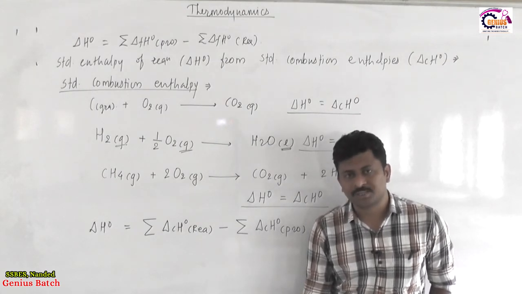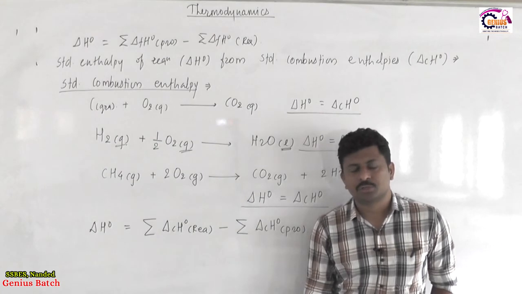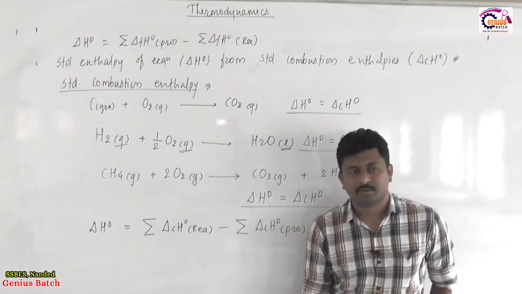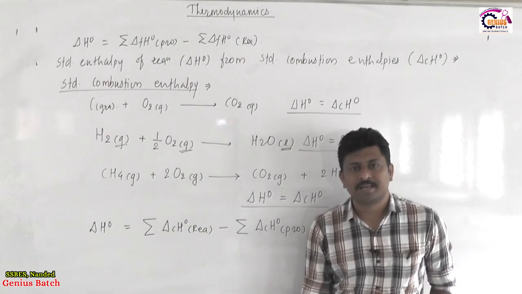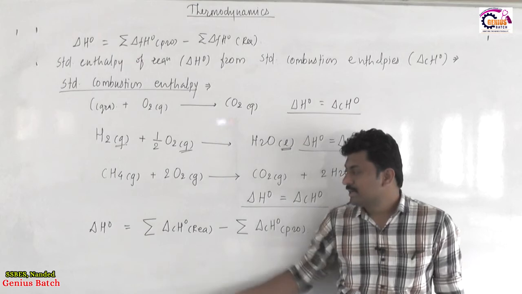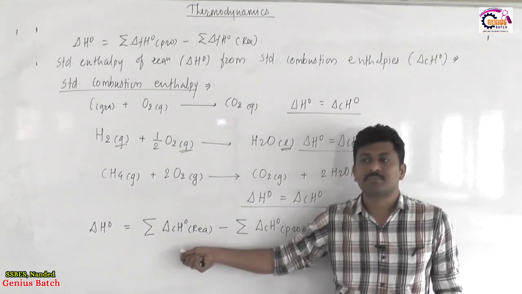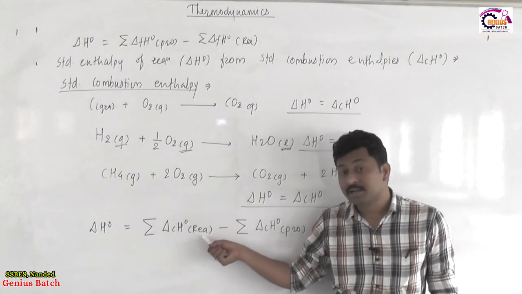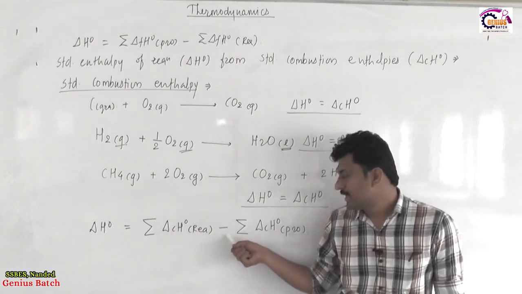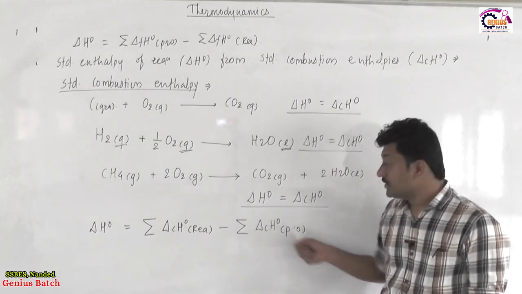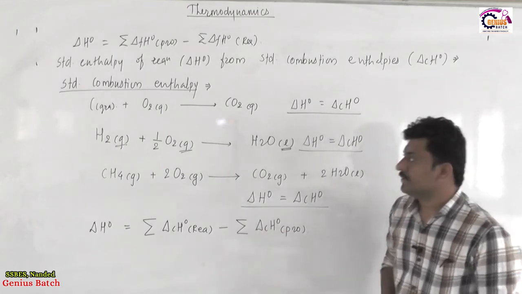Instead of formation, in the given question, suppose combustion enthalpies are given and the question is to find out the enthalpy change for that reaction, then the standard enthalpy change of reaction will be the sum of combustion enthalpies of the reactants minus combustion enthalpies of the products. This will be our basic equation.